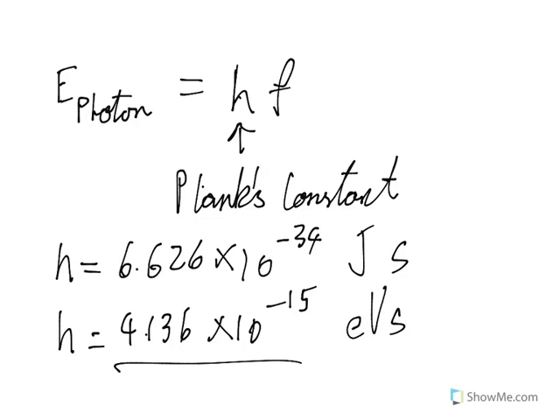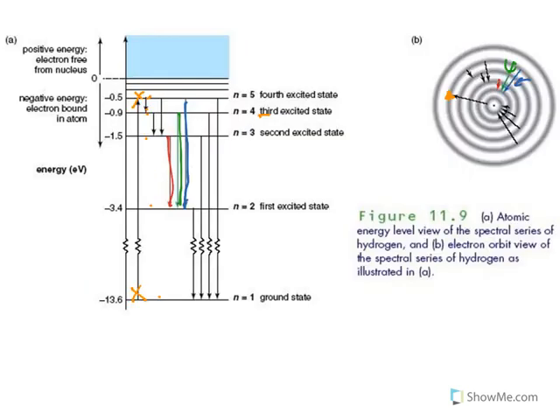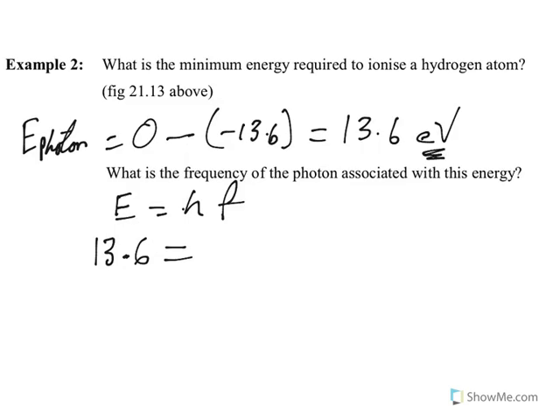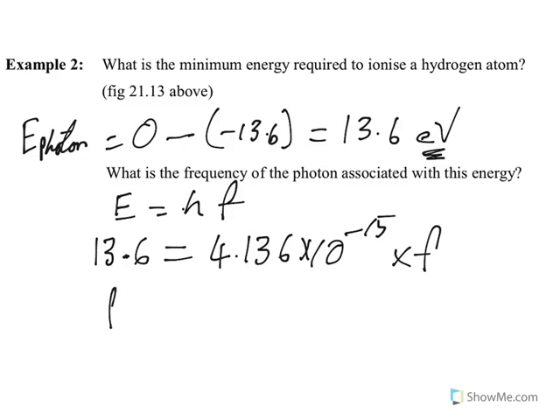There it is, 4.136 by 10 to the minus 15. So let's go back. There we are. 13.6 equals 4.136 by 10 to the minus 15 times the frequency. Dividing both sides by Planck's constant, you get that the frequency is 3.2 by 10 to the 15, and the unit is hertz for frequency.